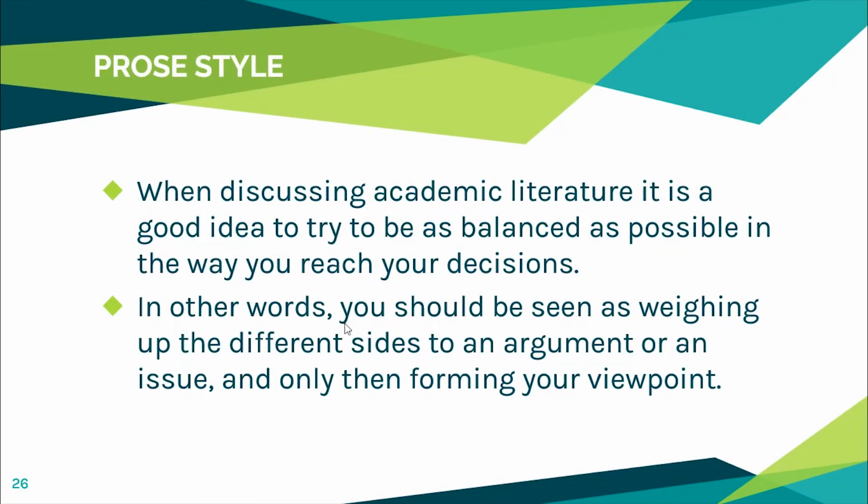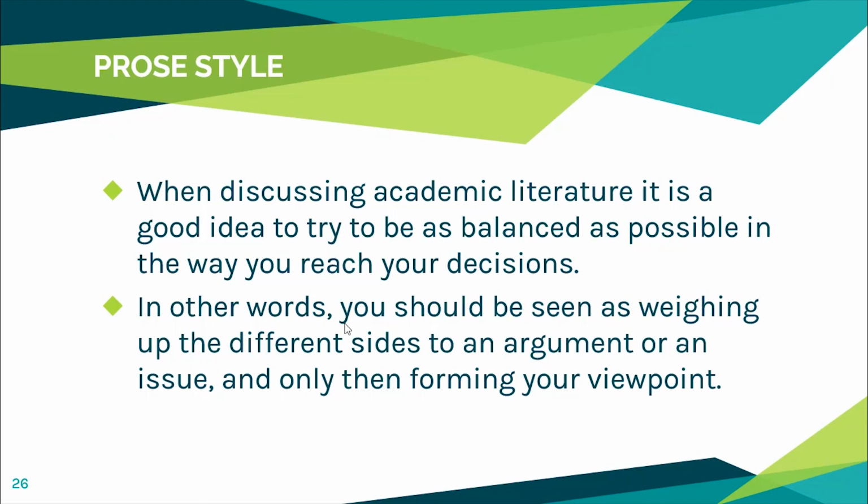The next one you need to bear in mind is prose style. When discussing academic literature, it is a good idea to try to be as balanced as possible in the way you reach your decision. Don't try to be biased, because you need to show your most objective view, because when you bias a point of view, your literature review may become invalid and not really reliable.